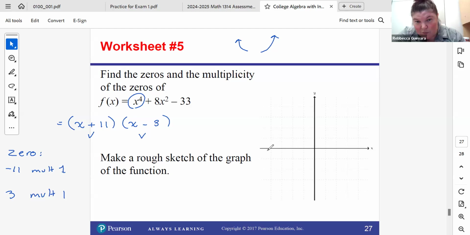So we're going to rescale this a little bit. Let's say this is 3, 6, 9, 12. One of my zeros is about here at -11, and the other one is here at 3.